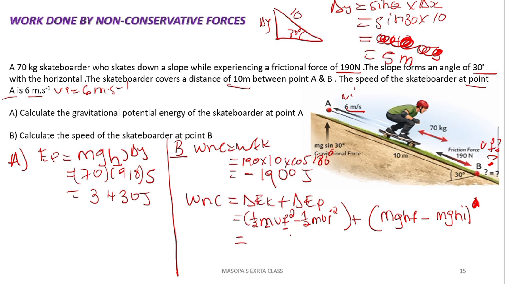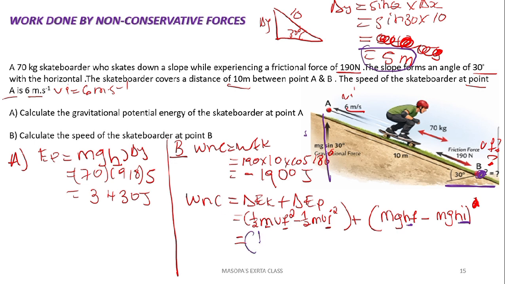Final velocity is what we are looking for. We have initial velocity, yes, as much as 6 meters per second. Do we have final height? Our final height will be 0, because the height at B is 0, since it has reached the ground. And our initial height is the one that we calculated as 5 meters.